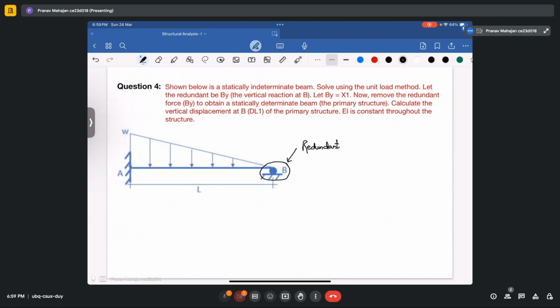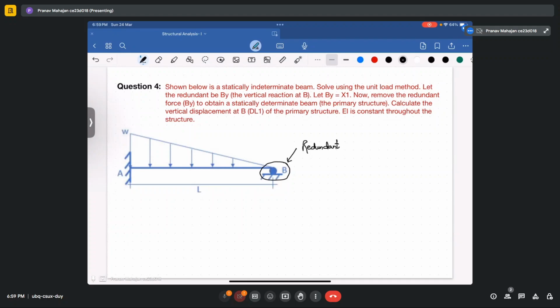Let By be equal to H1, that is there in our equation. Now remove the redundant force and obtain the statically determinate beam, that is the primary structure. Now calculate the value of vertical displacement at B, that is DL1 of the primary structure, considering EI to be constant throughout the structure.